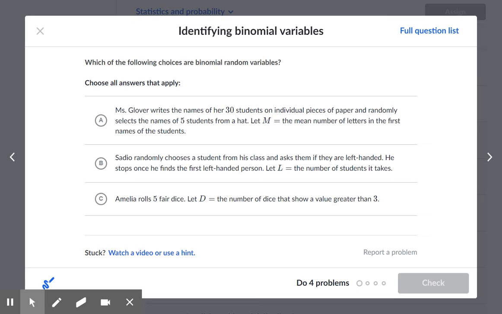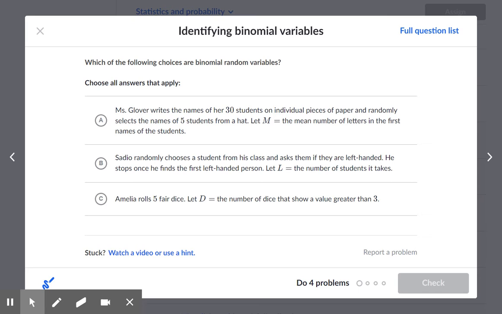So what satisfies a binomial random variable? What are the conditions? I wanted to tell you that we usually use this acronym called BINS, right? B stands for binary. Binary, we know, means two, right?